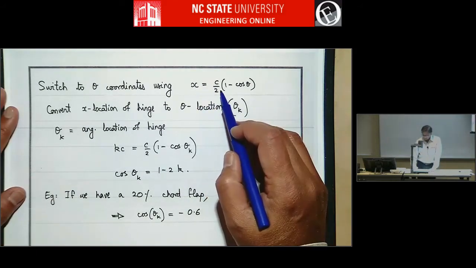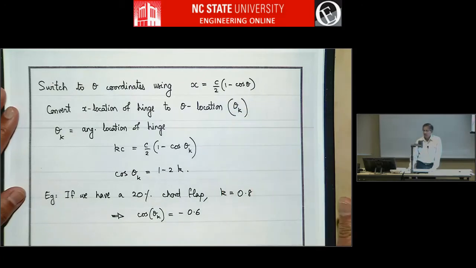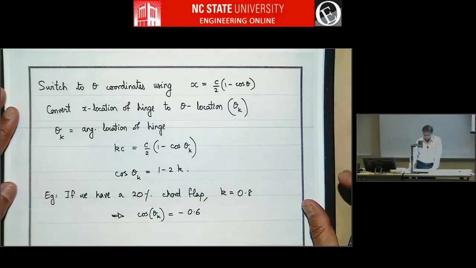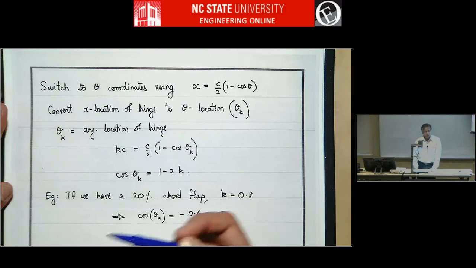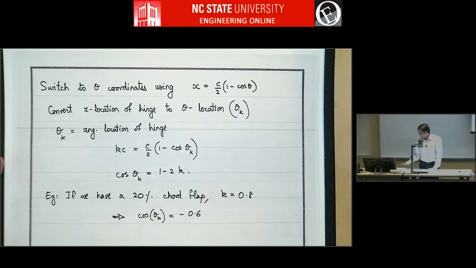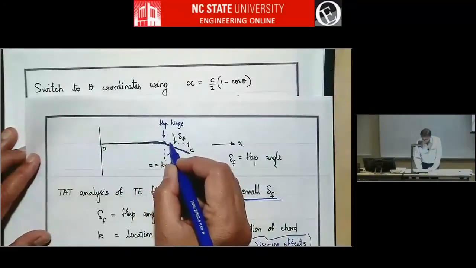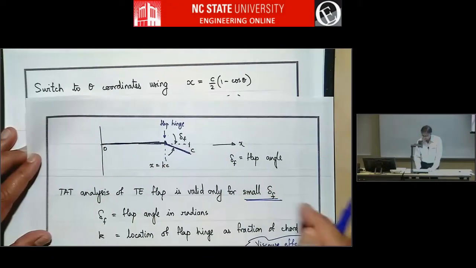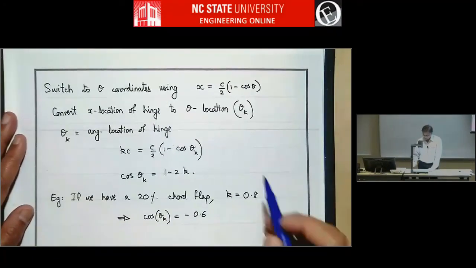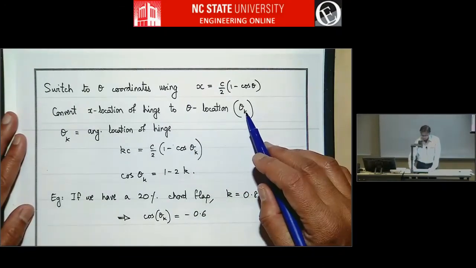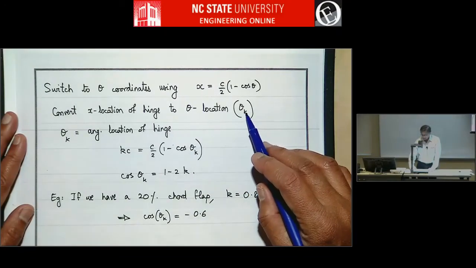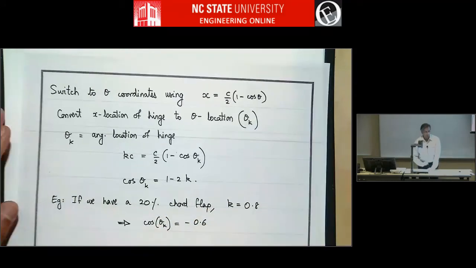So x equals half c times 1 minus cosine theta, which means we'll also have to convert the x location of the hinge to a theta location. So this x location from here to here, this is x equals kc. That will be converted to a theta location, which we'll call theta k. So theta k is the angular location of the hinge.